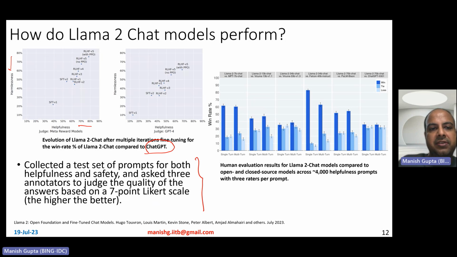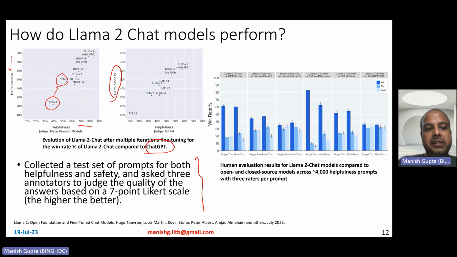The inversion of safety, or rather, harmlessness basically indicates safety, right? So what do you observe? You observe that SFT v1, supervised fine tuning, right? So these are supervised fine tuning kind of models. As you do more and more SFT, you get better models.